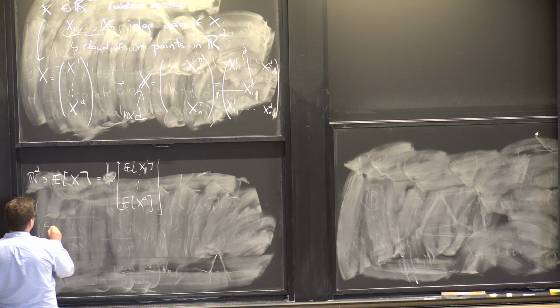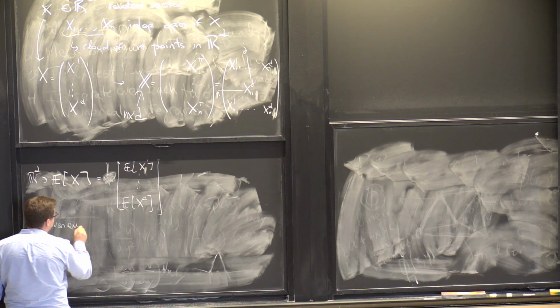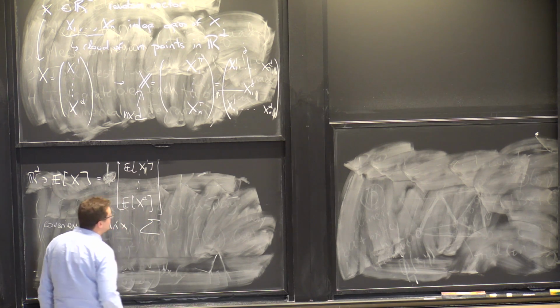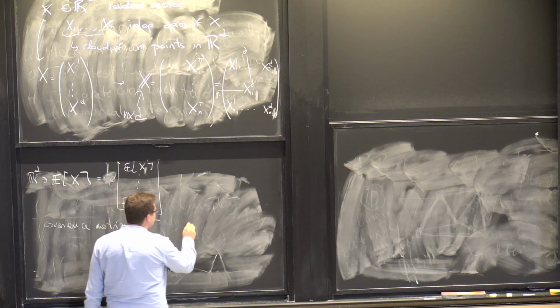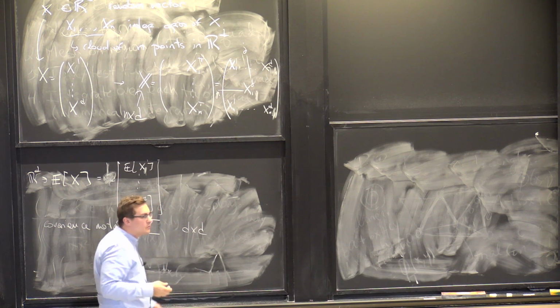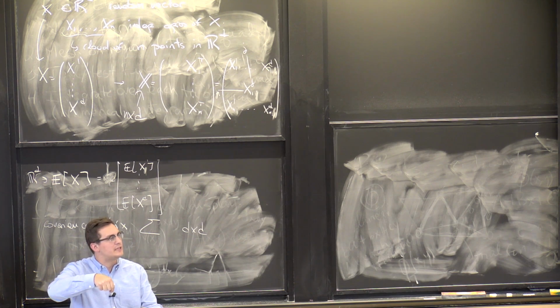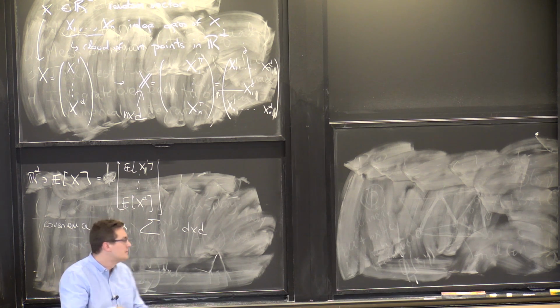So the covariance matrix sigma, that's a matrix which is d by d. And it records in the jkth entry the covariance between the jth coordinate of x and the kth coordinate of x. OK?